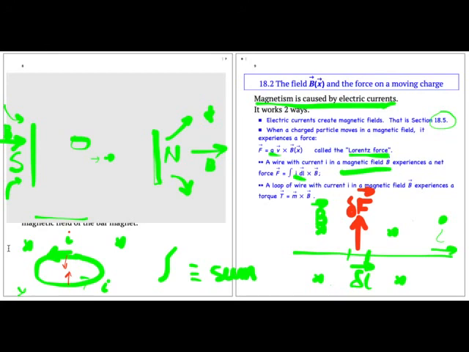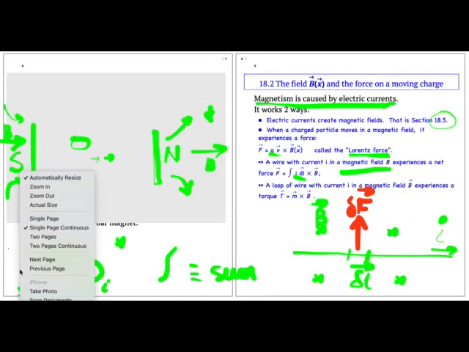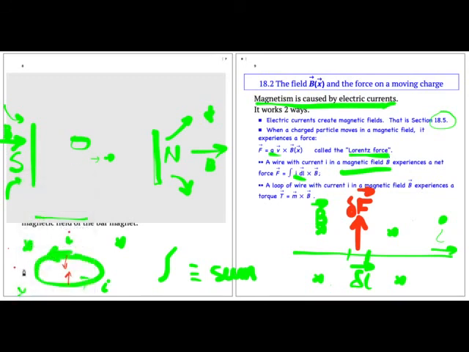So a loop of wire does not experience a net force, because there are forces in different directions. However, it does experience a torque. It experiences a torque about this axis.